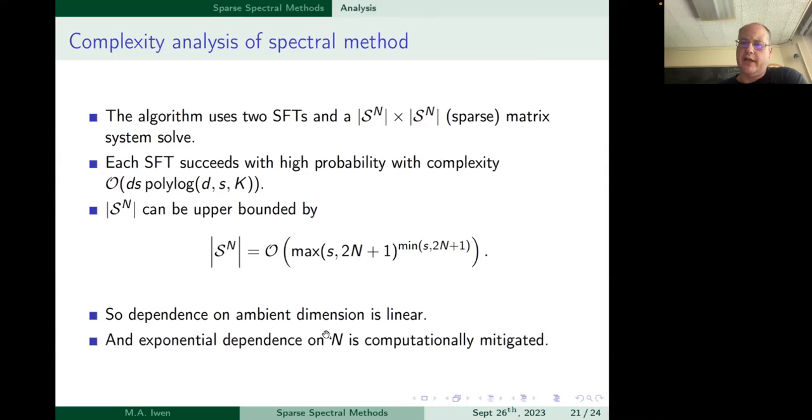And even if you want to let n go to larger values, larger than S, you have exponential dependence on n being computationally mitigated, by which I mean, if n is larger than S, it's going to look like n to the S. So it'll be polynomial in n with the power being whatever your sparsity choice is.